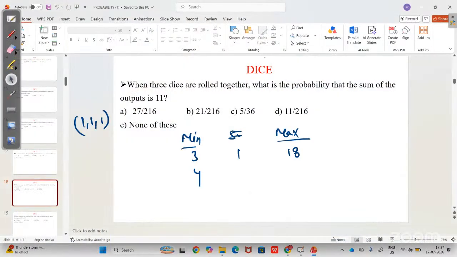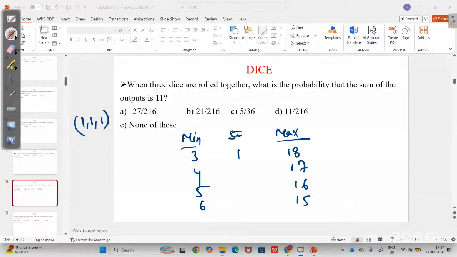So sum equal to 4 and sum equal to 17 are paired, sum equal to 5 and sum equal to 16, sum equal to 6 and sum equal to 15, sum equal to 7 and sum equal to 14, sum equal to 8 and sum equal to 13, sum equal to 9 and sum equal to 12, and sum equal to 10 and sum equal to 11.